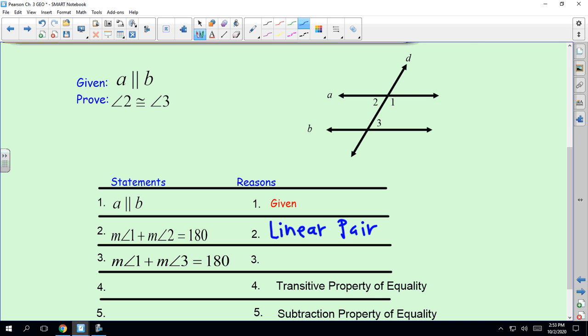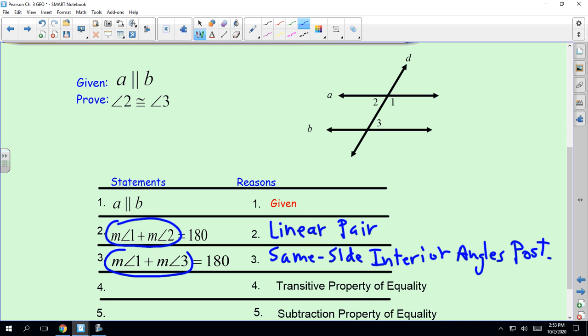Measure of angle 1 plus measure of angle 3 is also 180, and that's because of the same side interior angle postulate, but they are same side interior angles. So since the lines are parallel, the same side interior angles are supplementary. That's same side interior angles postulate. Excuse me. Now we have 2 expressions here and here. They are both equal to 180. That means we can set them equal to each other by the transitive property.